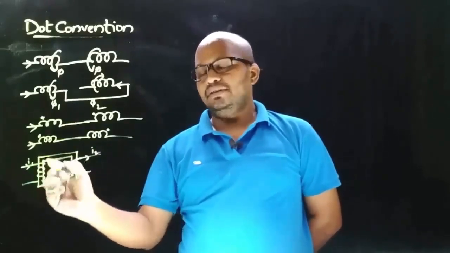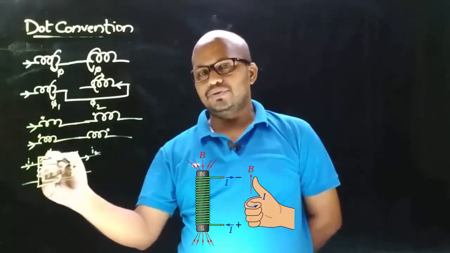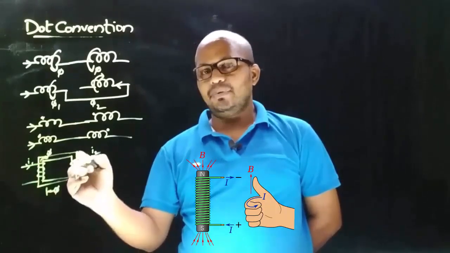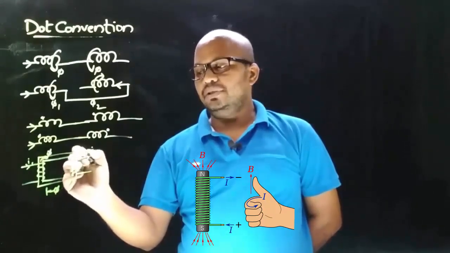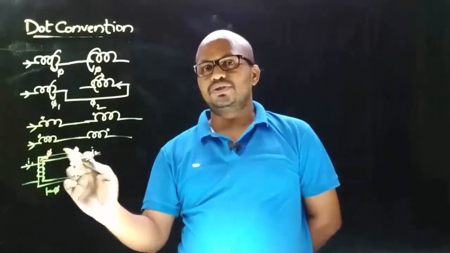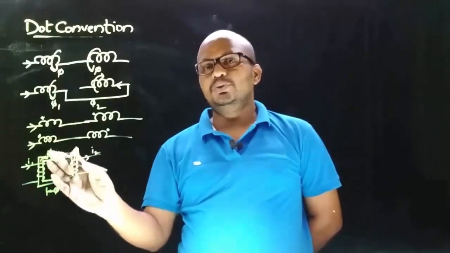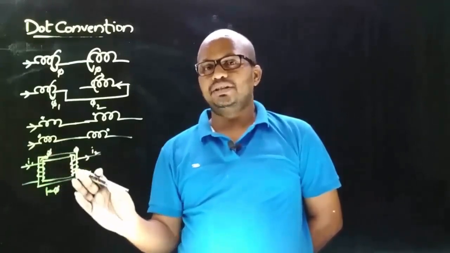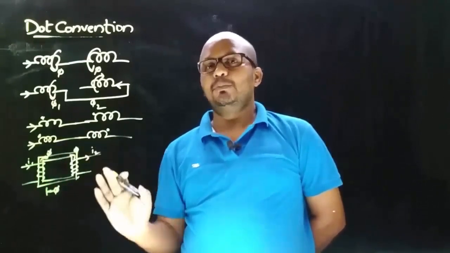By applying the right hand rule, just find out the flux direction, that will be towards this side, and in this case apply the right hand rule, and that flux direction will be towards this side. So the flux directions are opposite, which means the mutual induced EMF has negative polarity. That is why you can say that a single phase transformer is a negative coupled circuit.